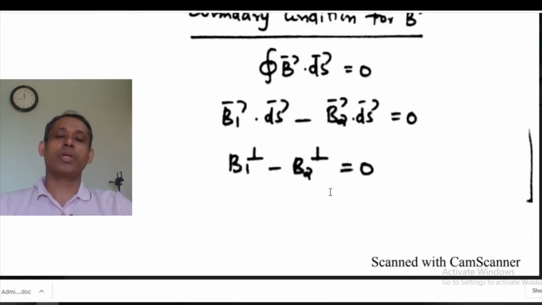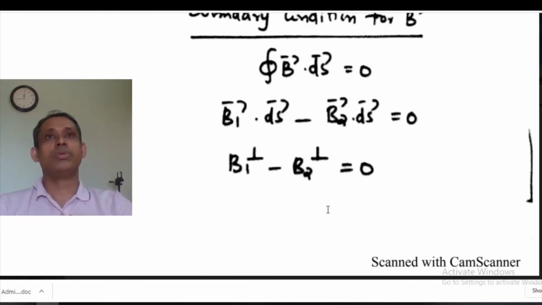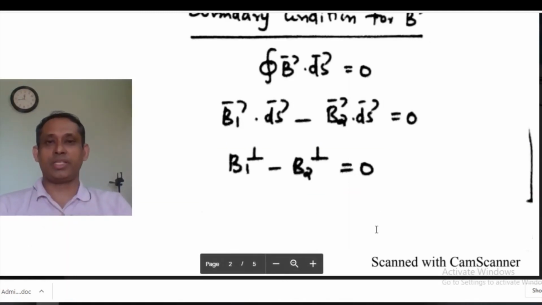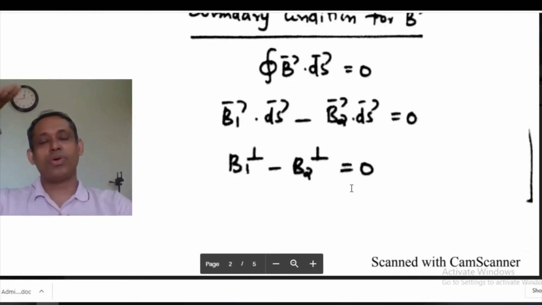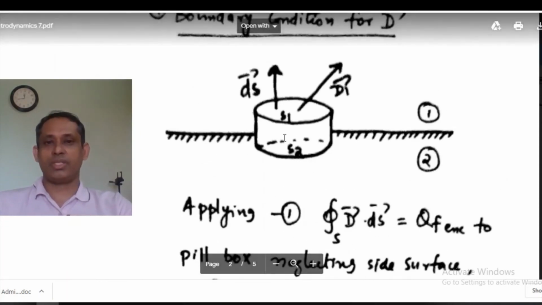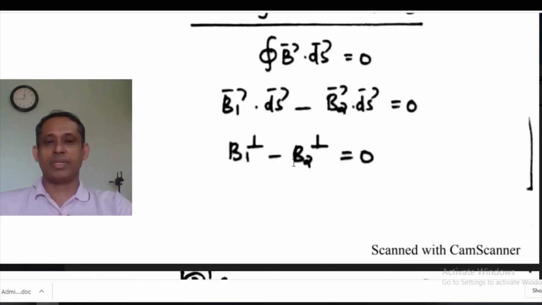So B1 perpendicular minus B2 perpendicular is equal to 0, so B1 perpendicular is equal to B2 perpendicular. That means the normal component of the magnetic field across the boundary is continuous.